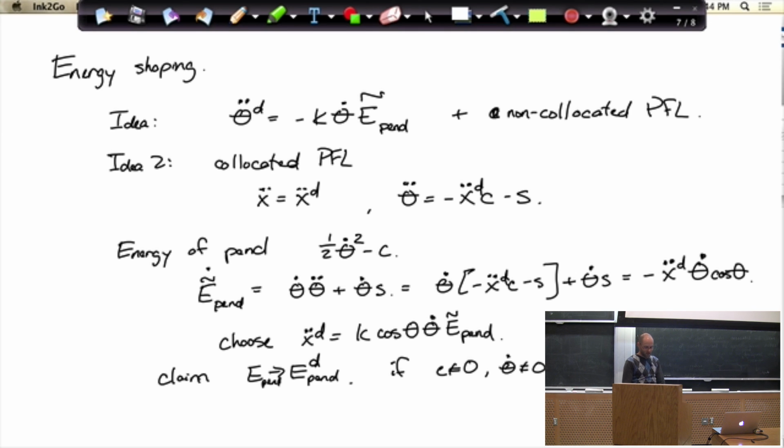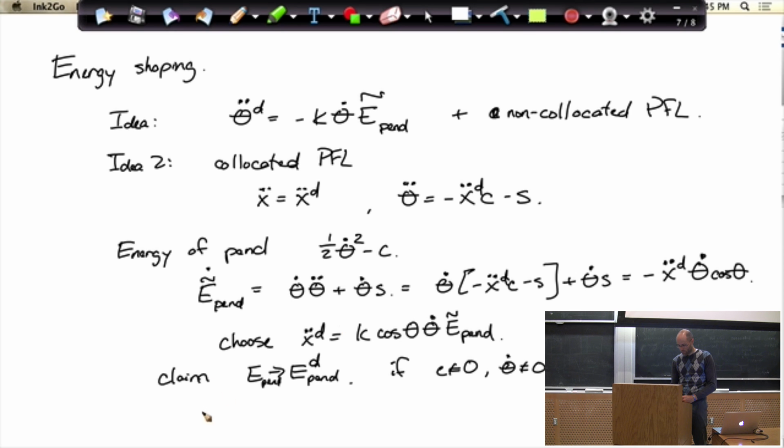As long as I'm actually applying controls, I mean, this controller says do nothing if cosine theta equals 0. It says do nothing if theta dot equals 0. As long as I don't do nothing for all time, then I'll eventually find my way to the top.